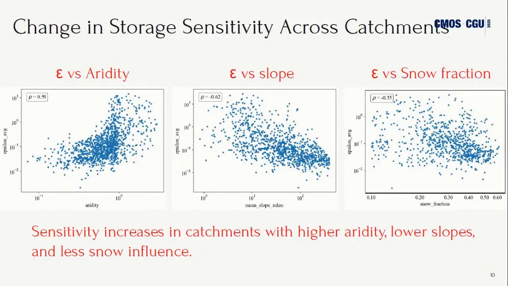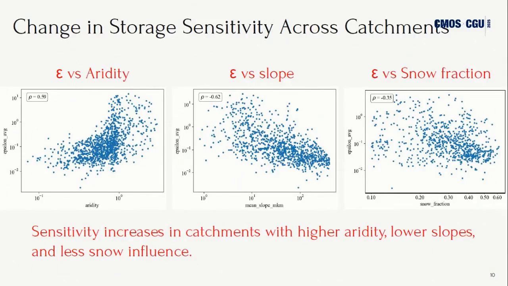To understand the patterns across different catchments, on this slide you can see on the y-axis the epsilon function, and on the x-axis aridity, mean slope, and snow fraction of all the catchments in this study.